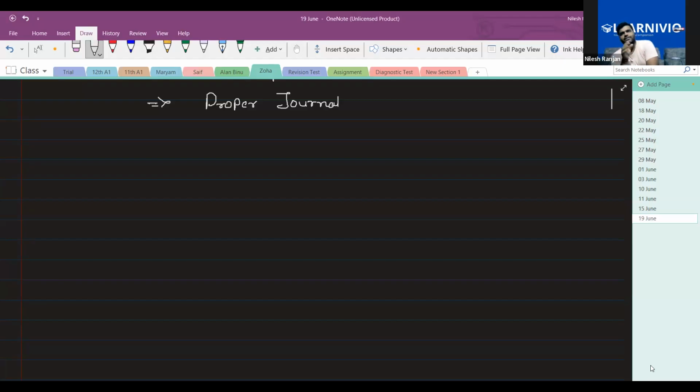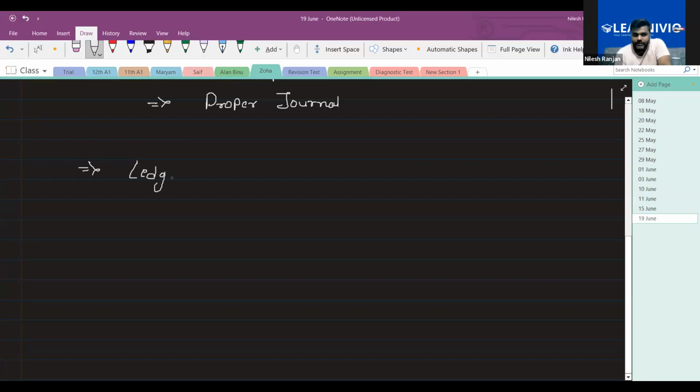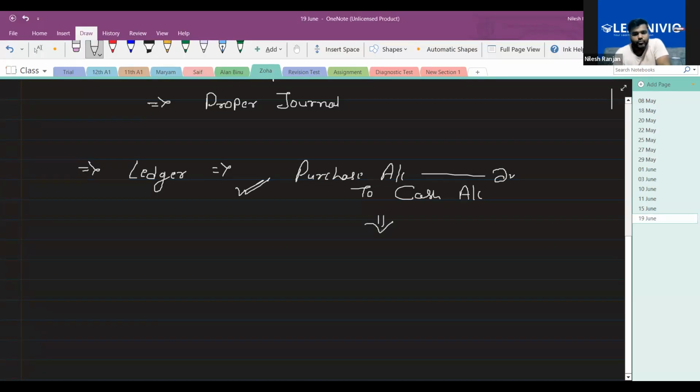There is a little bit of difference from the ledger one. Just understand that this part is very important. In ledger, if you remember, a journal entry has 2 aspects, like purchase account debit to cash account. So for any transaction, the journal entry is one, but the ledger entry is two. It will go in purchase account, and it will go in cash account.